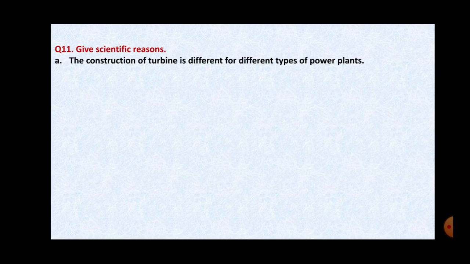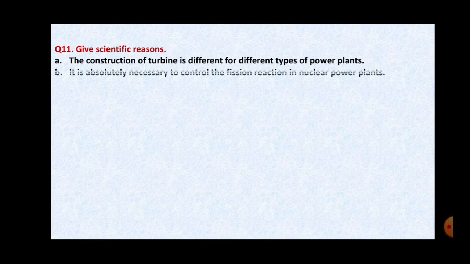For this the generator is rotated, and the generator is rotated with the help of the turbine, right? So to move the turbine, different types of energy are required as per the power plant, and thus the turbines are constructed in different forms for each power plant.